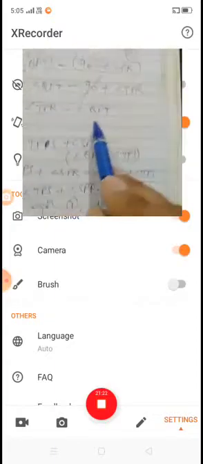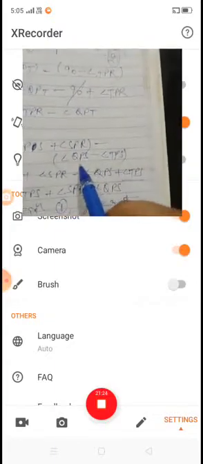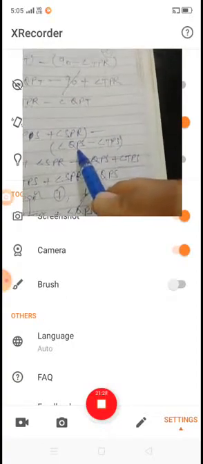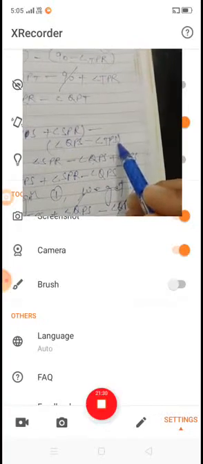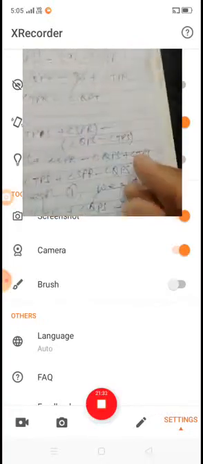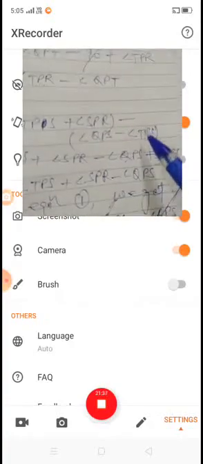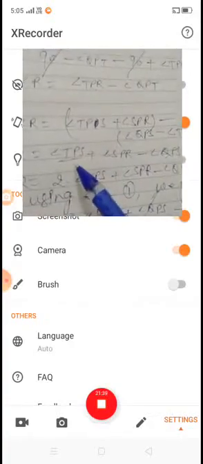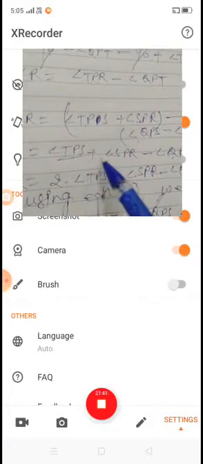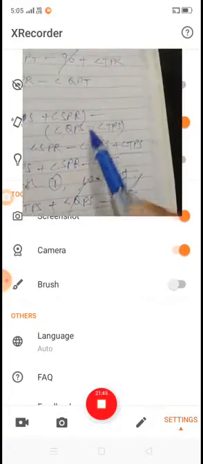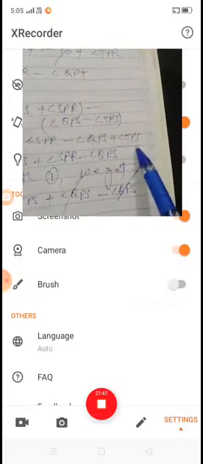Similarly, angle QPT we write in this way from the figure: angle QPS minus angle TPS. Then after we split the brackets, we have angle TPS plus angle SPR minus angle QPS plus angle TPS.